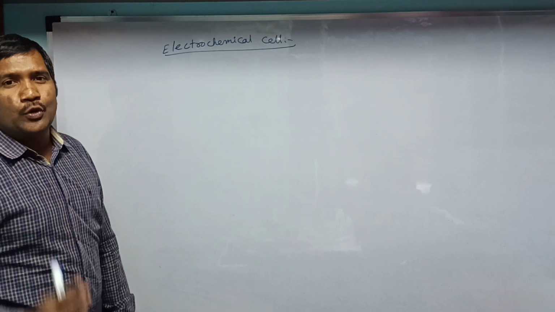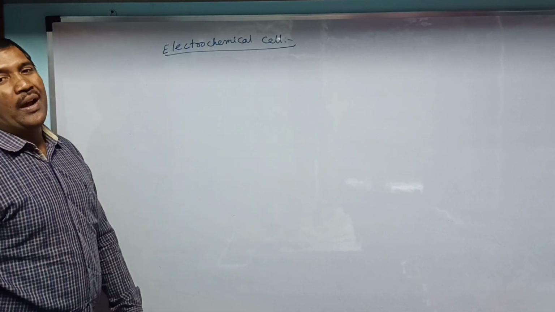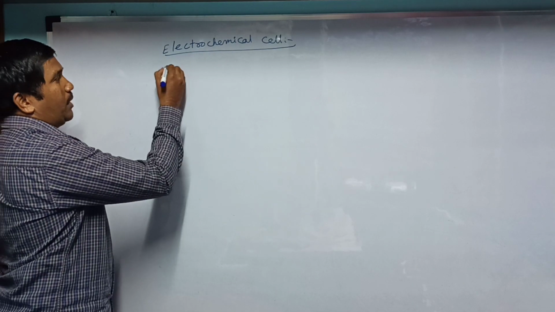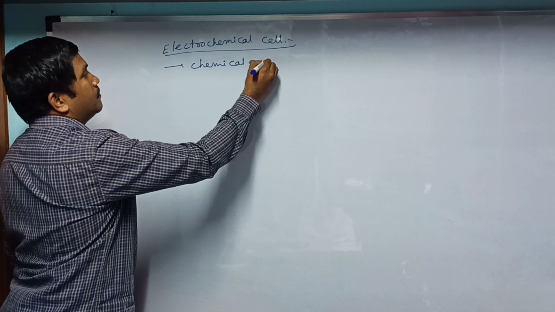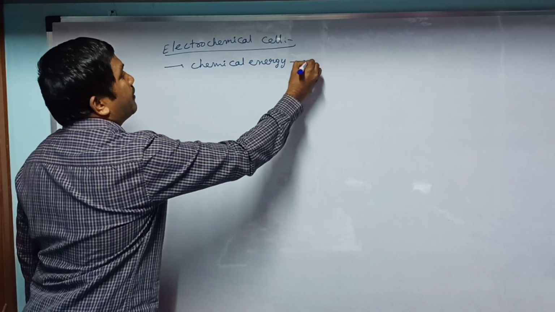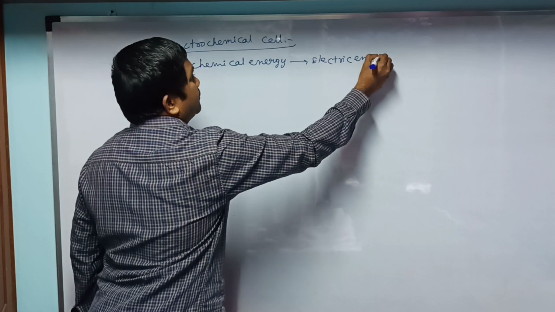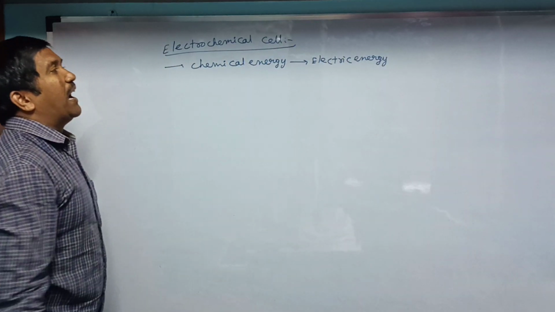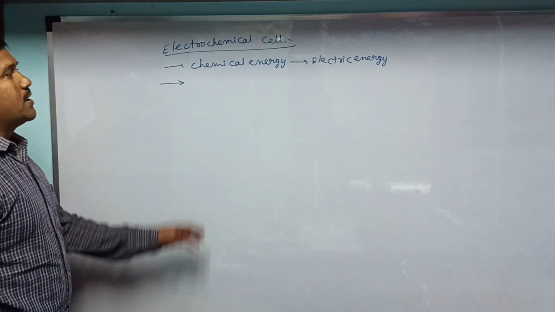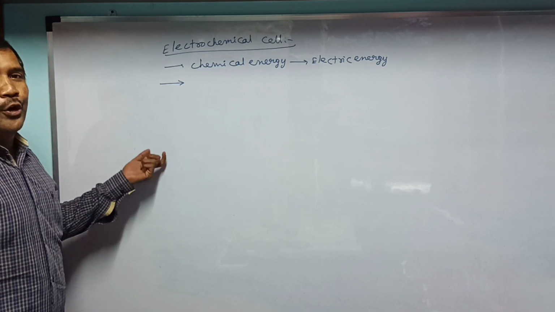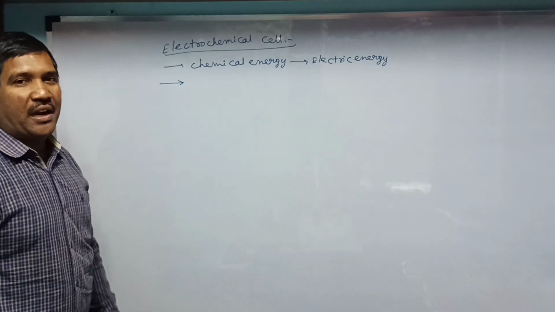The cell which is used to convert chemical energy into electric energy is called electrochemical cell. That means electric current is produced by chemical energy.